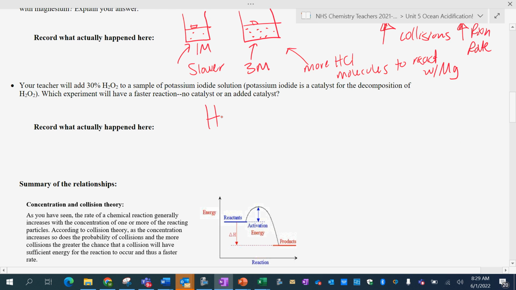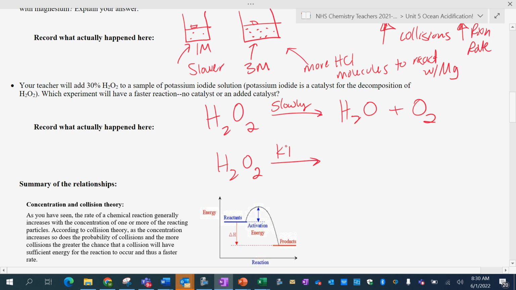And then last but not least, hydrogen peroxide will decompose into water and oxygen gas over time. If you add heat or light, it happens very slowly. Then we did an experiment where we added a catalyst, potassium iodide, and the reaction happened very, very fast.